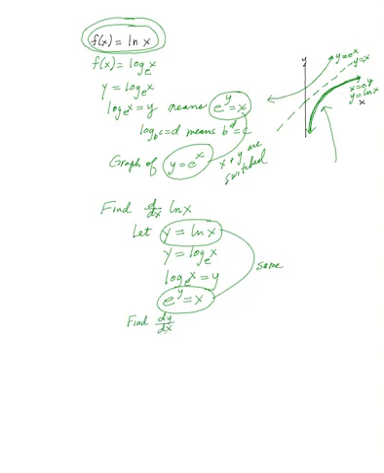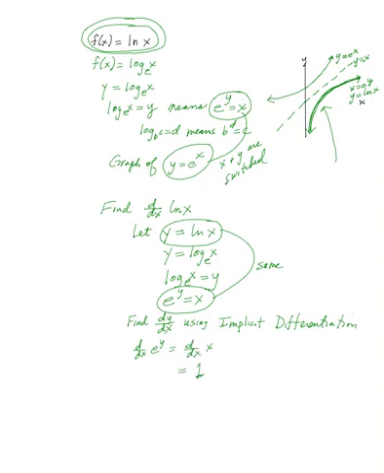Let's find the derivative of y with respect to x using implicit differentiation. So we take derivatives of both sides. Let's do the easy side first. The derivative with respect to x of x is just 1.